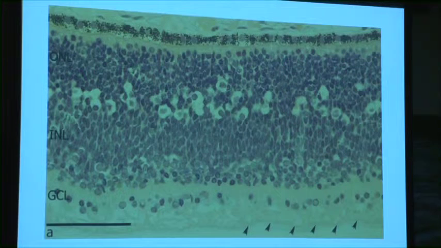So this is what the human retina looks like at the stage that we're isolating. This is about 16 weeks of gestation. The retina at this stage has some committed cells, some cones, early-born cones out here, some early-born ganglion cells here, but most of the retina is neuroblastic at this stage.